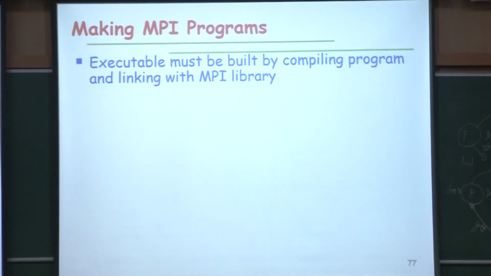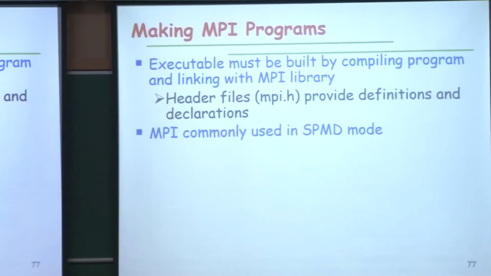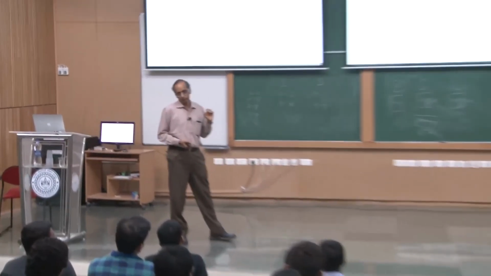You compile your programs by linking it with the MPI library, that is basically MPI.h, and you create these processes. This is called SPMD, single program multiple data. All the processes which are going to run are identical.